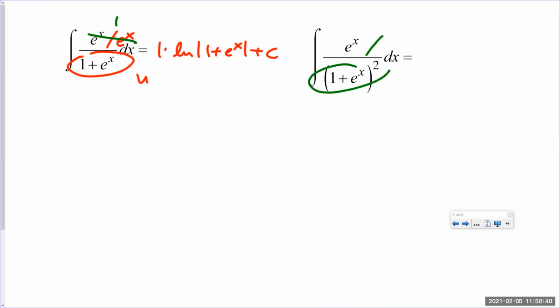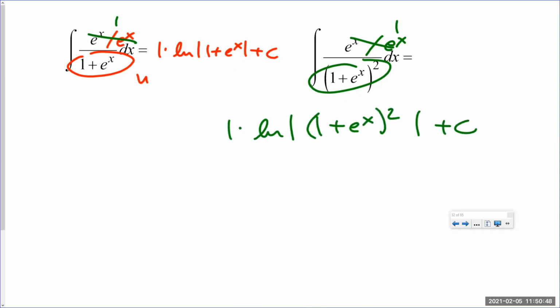The derivative of my bottom is e to the x, so that's 1. So this is 1 times ln of 1 plus e to the x quantity squared plus c. Bam! That's my answer. Why is this wrong?